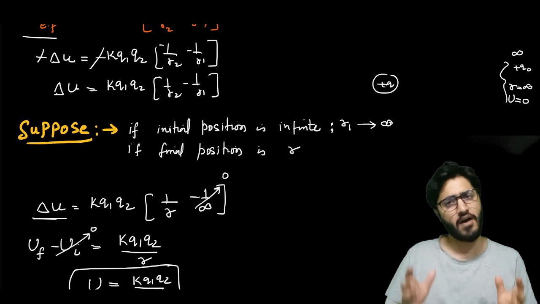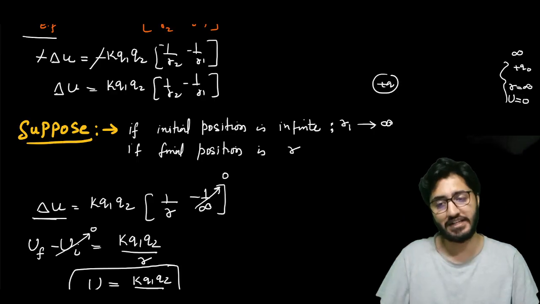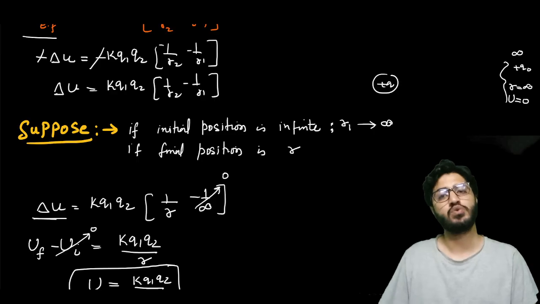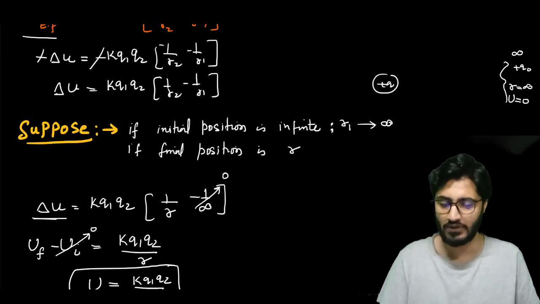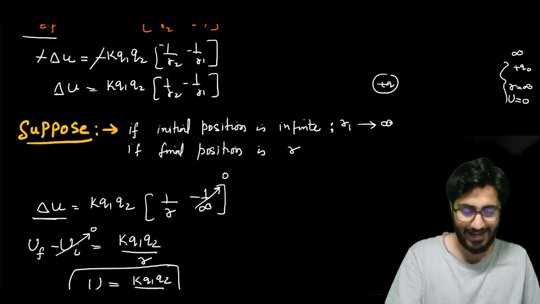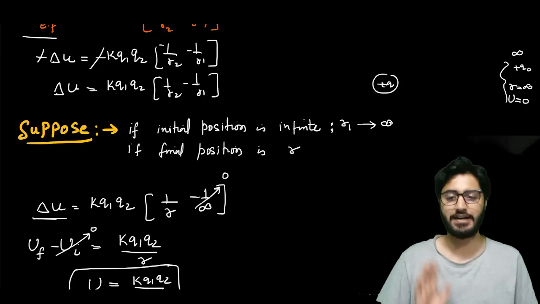The system will possess some energy due to the position of these particles. That particular energy is known as electrical potential energy. And its value is K Q1 Q2 by R.